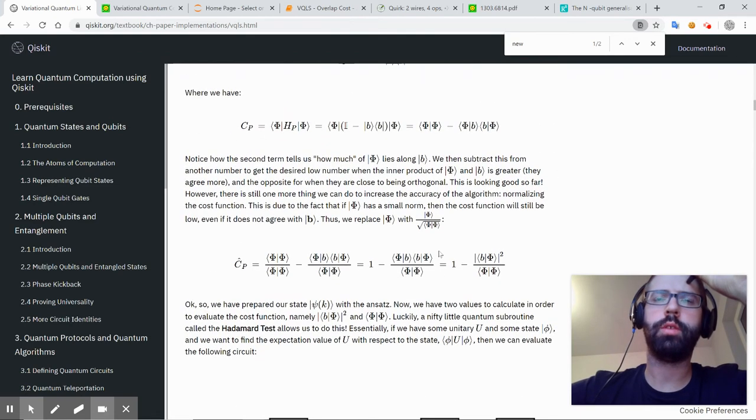So here they derive the cost function by doing this extra normalization stuff, which is confusing. How much these lie along B, then we can subtract from another number to get the desired low number.